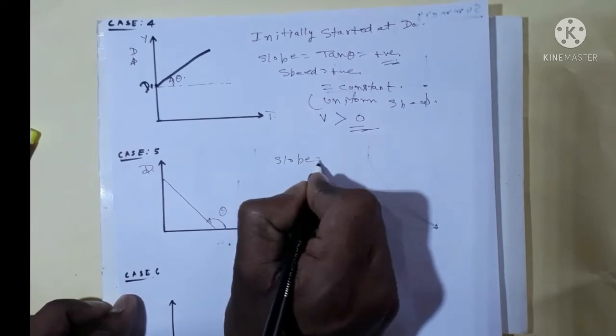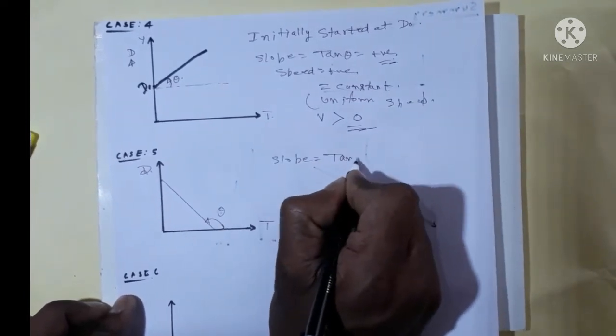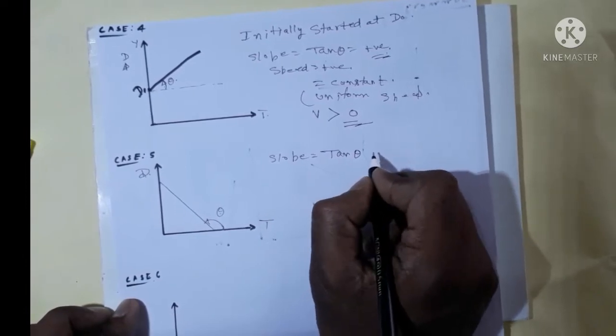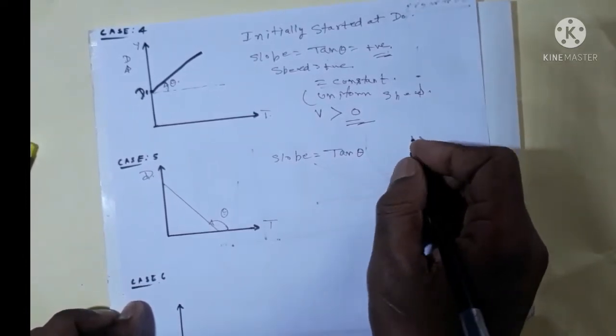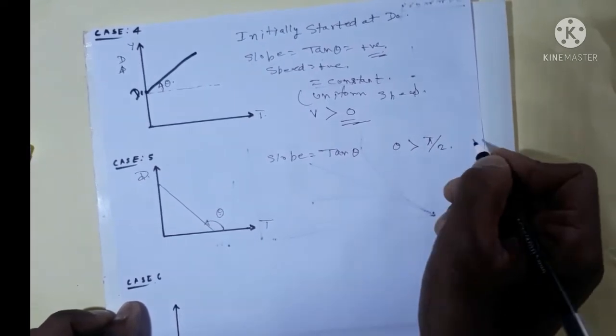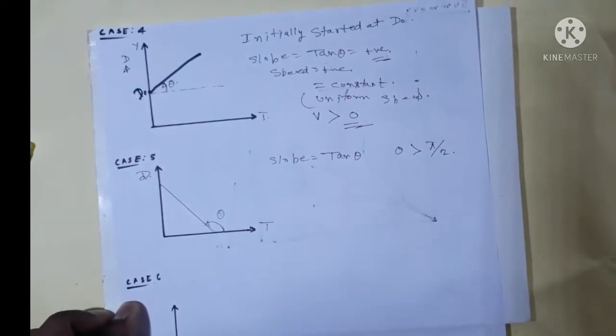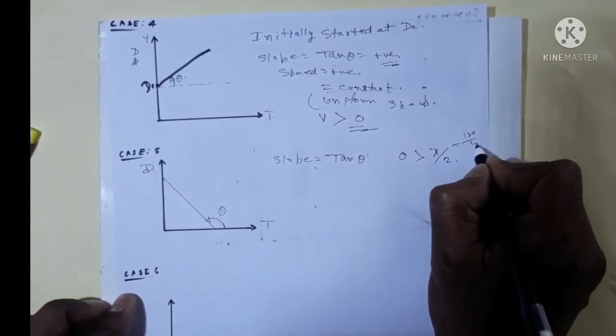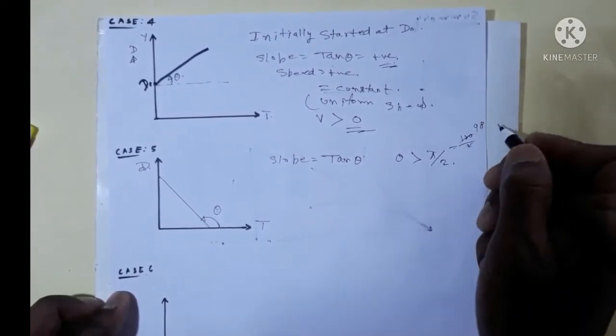So slope is equal to tan theta, and theta is greater than 90, that is pi by 2, pi value 180 by 2 is equal to 90 degree.